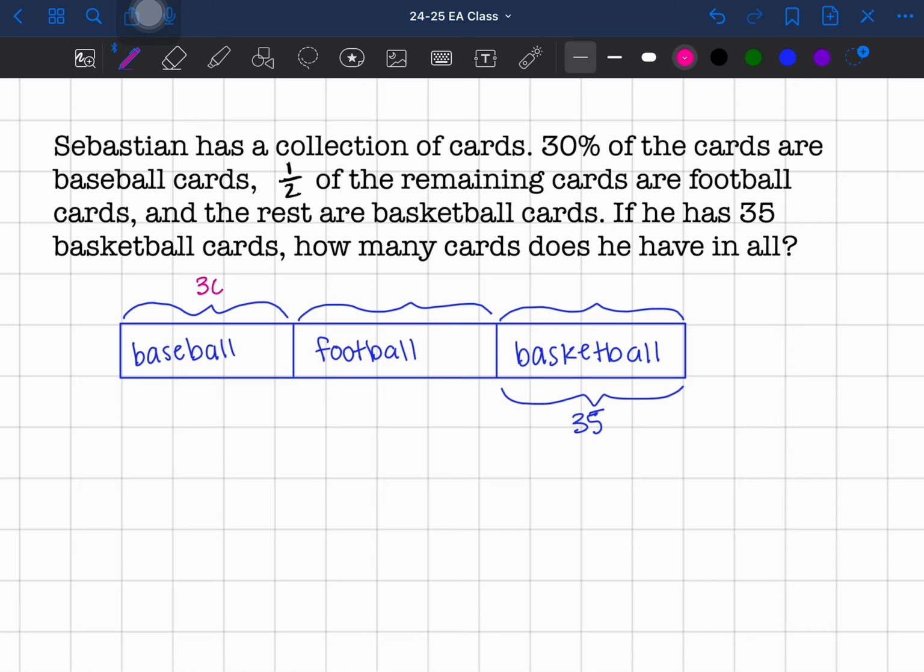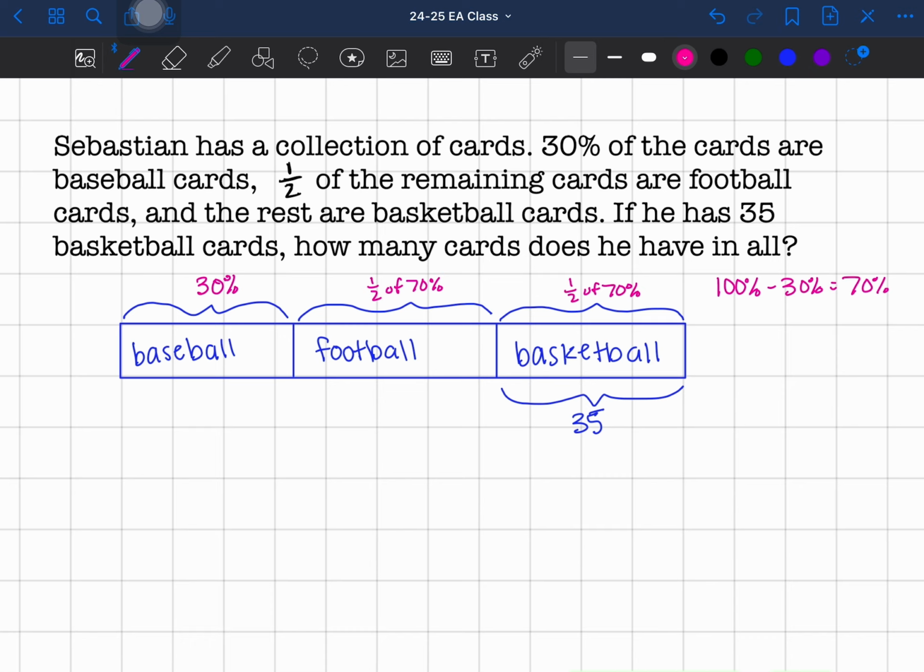So he has 30% baseball, and then we have 1/2 of the remaining, but we have to figure out the remaining. So 100% minus 30% equals 70%. So 1/2 of 70% is football. And that means the rest are basketball, which is also 1/2 of 70%.